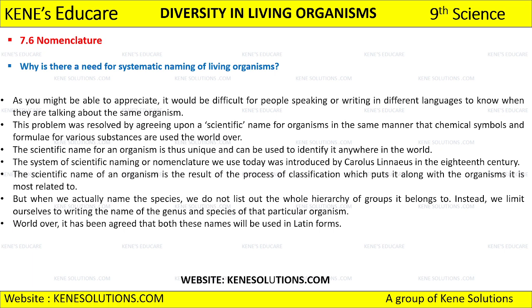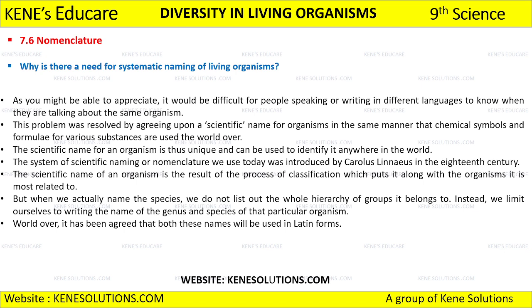So it becomes very difficult to understand, write, and speak different languages. This problem was resolved by agreeing upon a scientific name for organisms in the same manner that chemical symbols and formulae for various substances are used the world over.